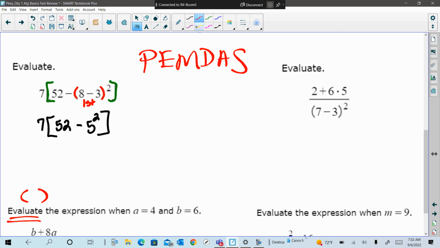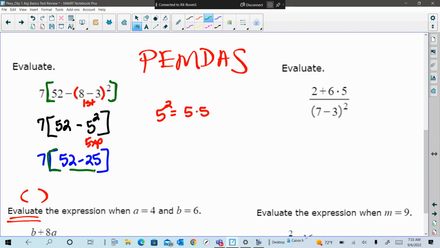So now I'm going to do the exponent. I'm just going to abbreviate that exp. 5 squared means you have 2 factors of 5, which is 5 times 5. So now what I have is 7 outside the brackets, 52 minus 25 inside the bracket. Now, because this is like a grouping symbol, this is what needs to happen next.